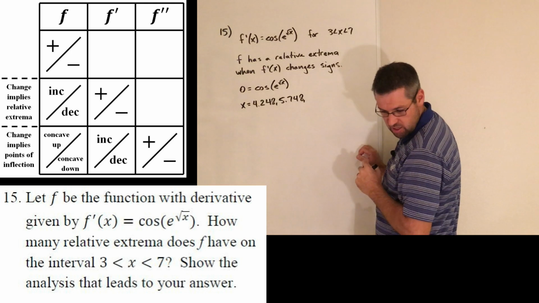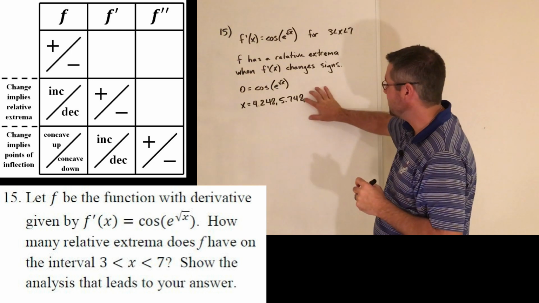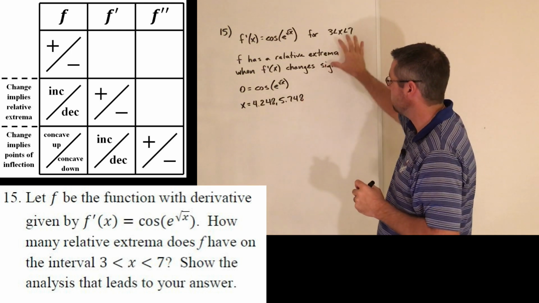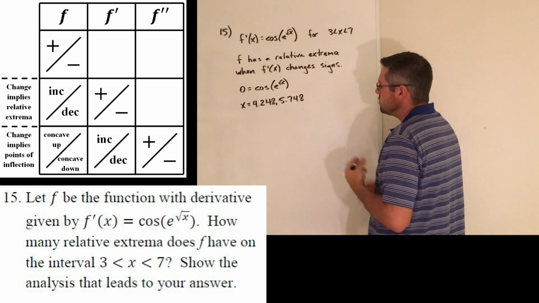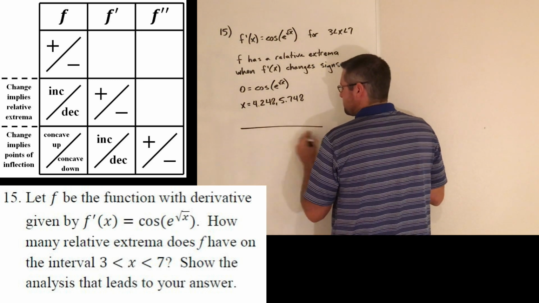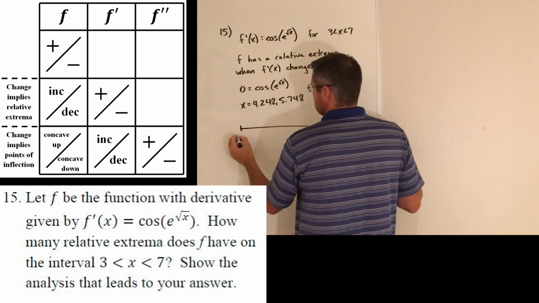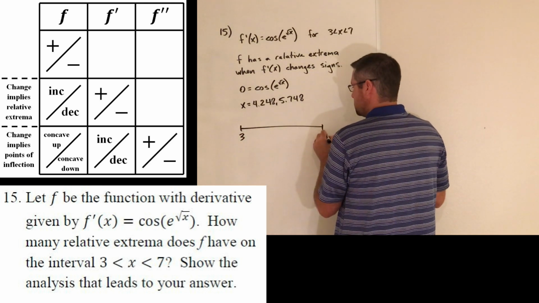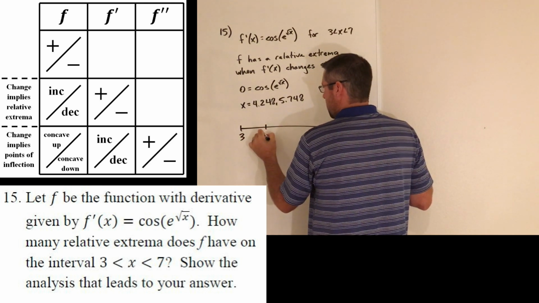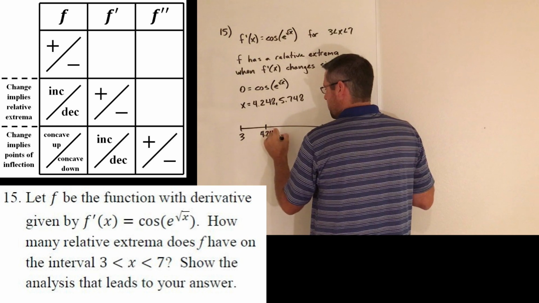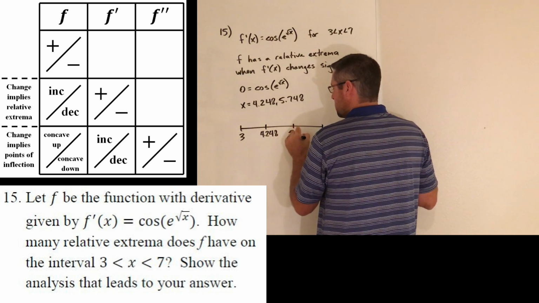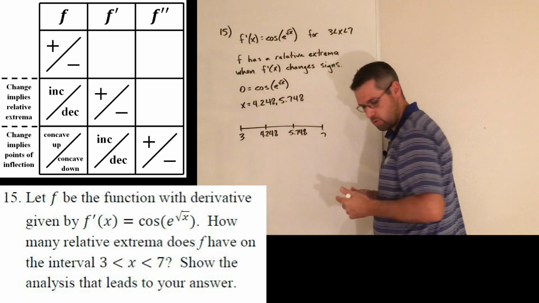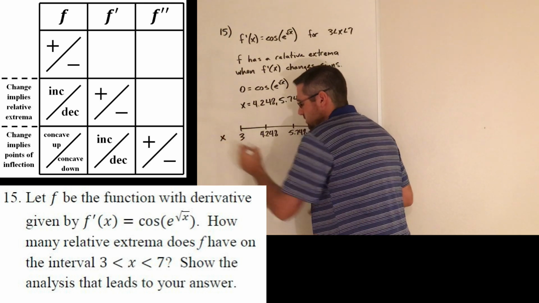And we actually have another one at 7.016, but that one's past our interval, so we don't have to consider it. So now I'm going to look at my number line, just because I like it. Number lines help us understand things in very simple ways. So that is my number line for x's.